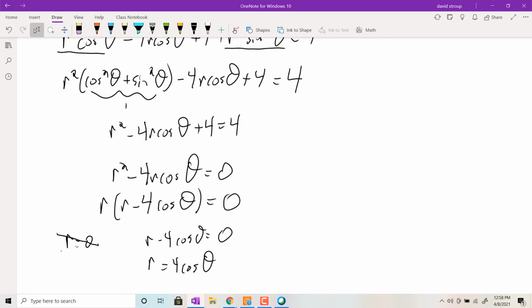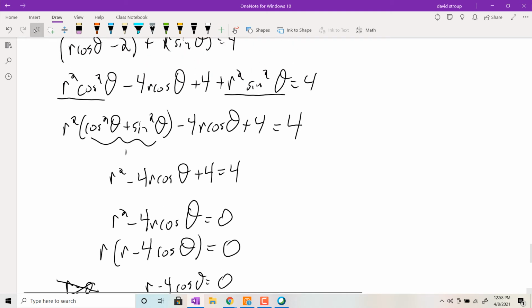Technically, you're supposed to throw this part of it out, because this formula will give you that point. So this r equals 0 just gives you 1 point. R equals 4 cosine theta will give you that point. In particular, when theta is equal to pi over 2, r will be equal to 0. So you'll end up plotting that thing anyways, and you won't have to worry about that other bit.